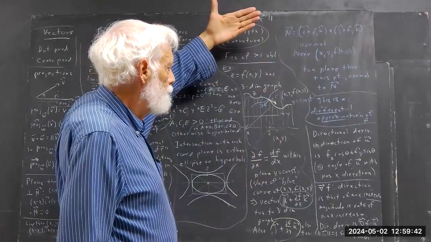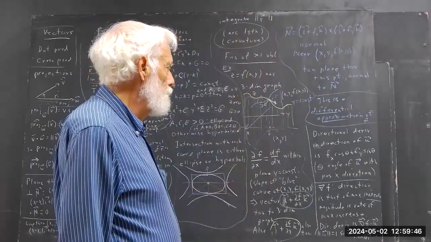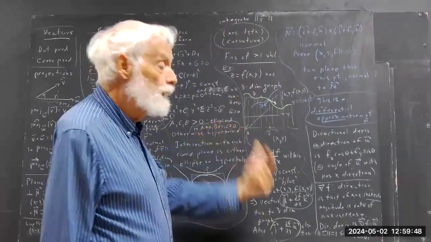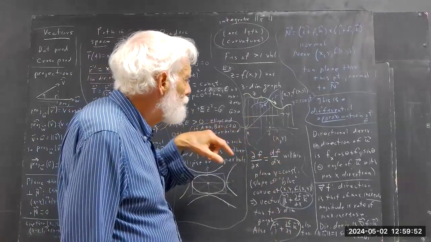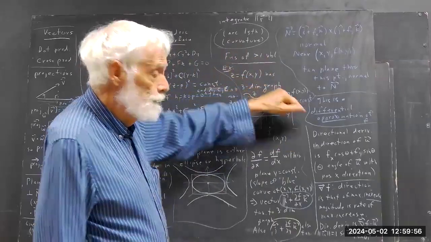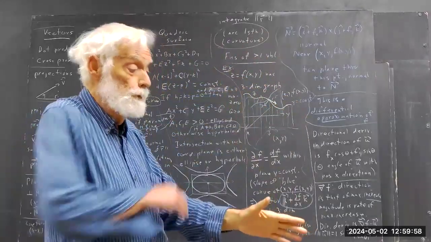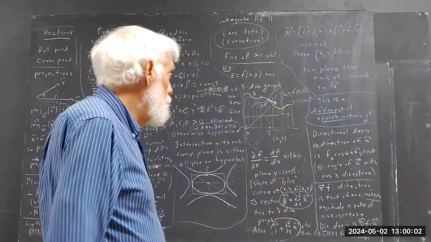If you cut this with a plane parallel to the YZ plane, a plane where x is constant, you get this greenish shaded plane, and a curve where that plane intersects your surface. So here's your curve.